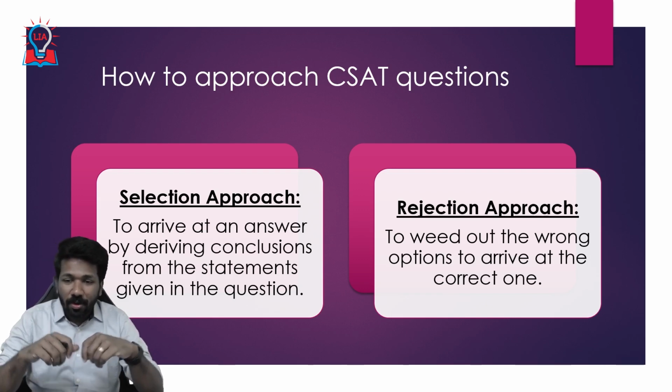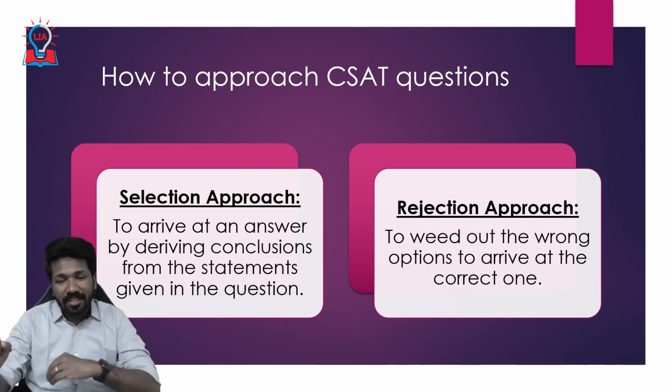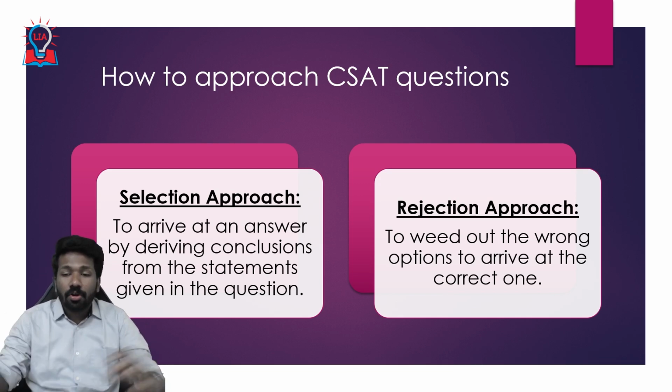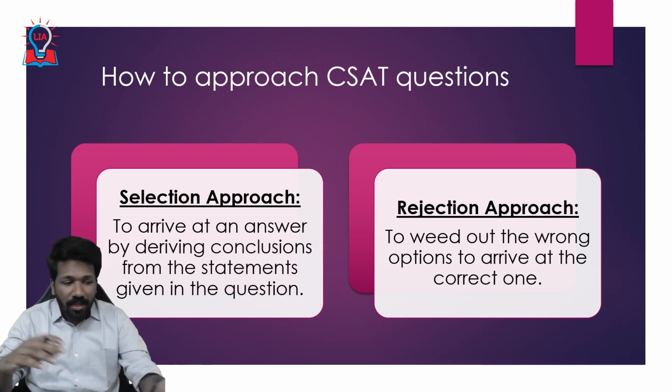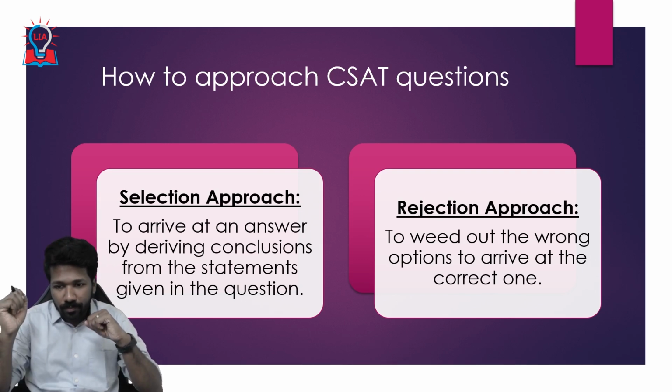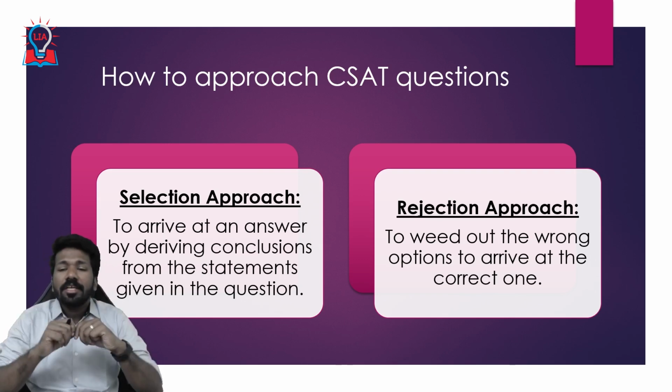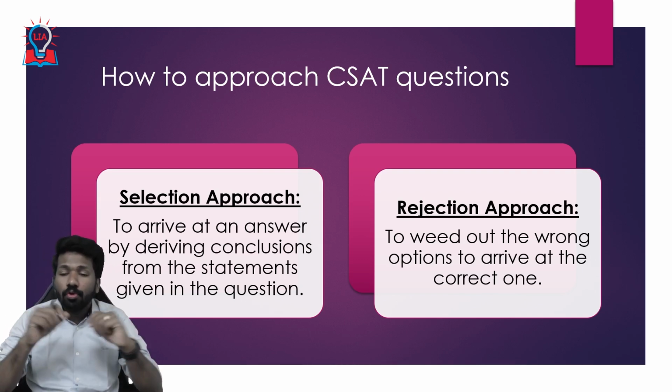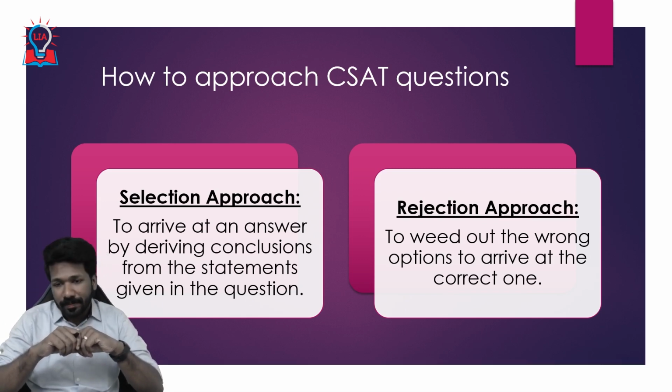That means you are not actually proving which is the correct answer. You are disproving the 3 wrong answers, or maybe sometimes the 2 wrong answers. And the remaining 2 options, you can actually think about and get at the answer also. So in this session, I will emphasize how to do this rejection approach better.